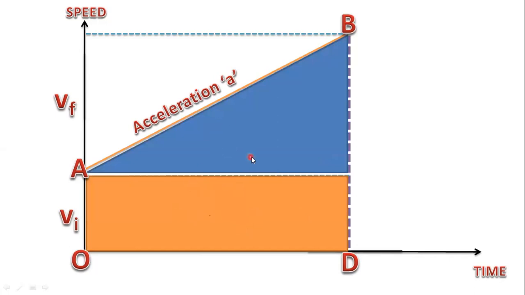This is the area covered by these two figures. Vi is the initial velocity, and after reaching this point the velocity increases and reaches point B. We can measure this blue triangular area, which is half of the rectangle, as 1/2 into t, the time, and at.